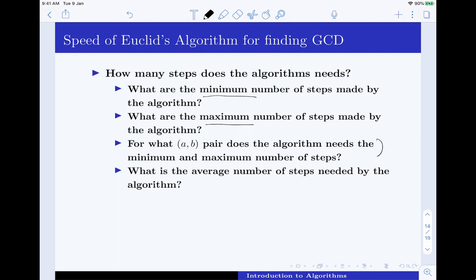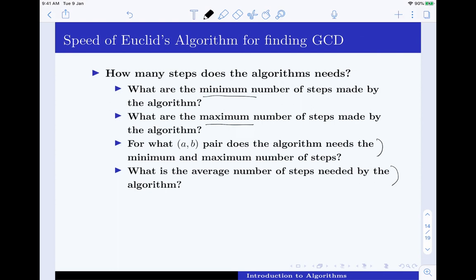And you can have related questions, right? For what kind of pair A and B does the algorithm require the minimum and maximum number of steps? And even more interestingly, what is the average number of steps required by the algorithm? Now, what does average mean? Average over what?